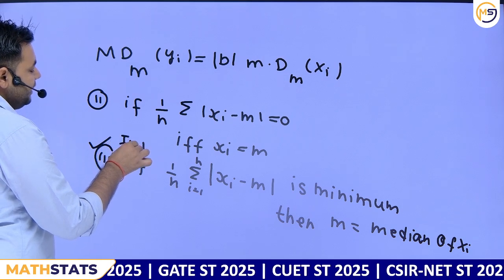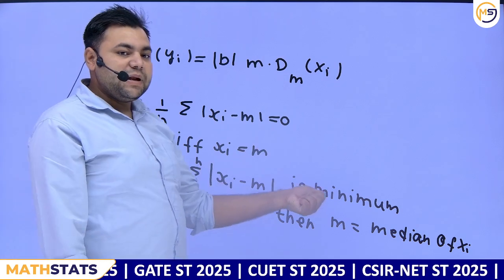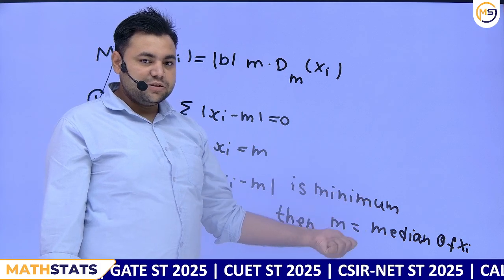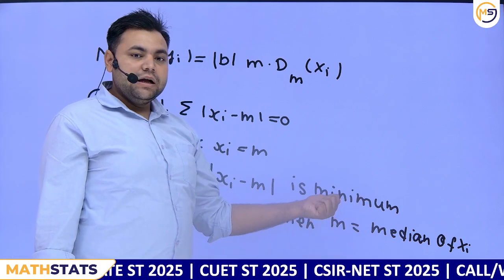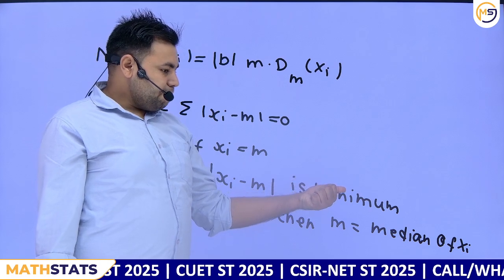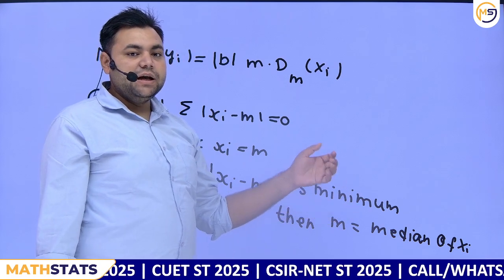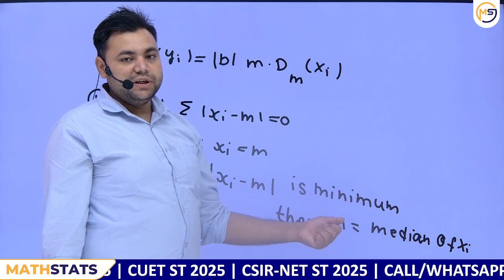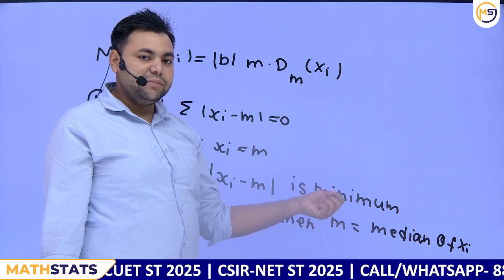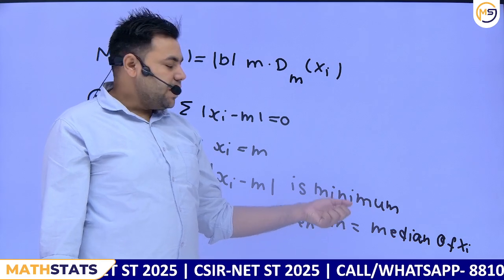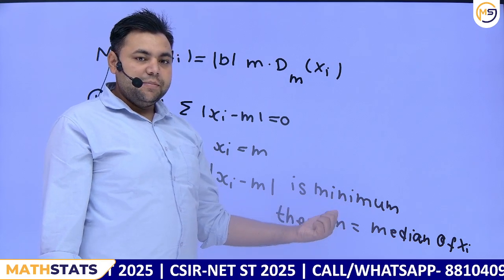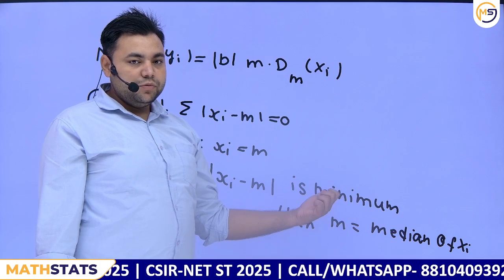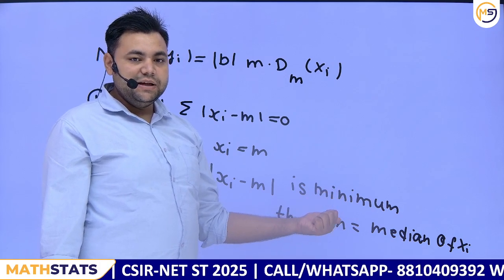This property is very important because it is used in statistical inference also. When you find the MLE of the double exponential or Laplace distribution, we can use this property. Mean deviation is minimum about the median, so here the median is the MLE.